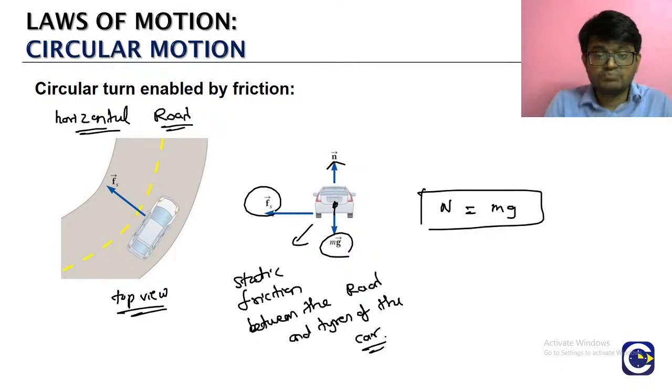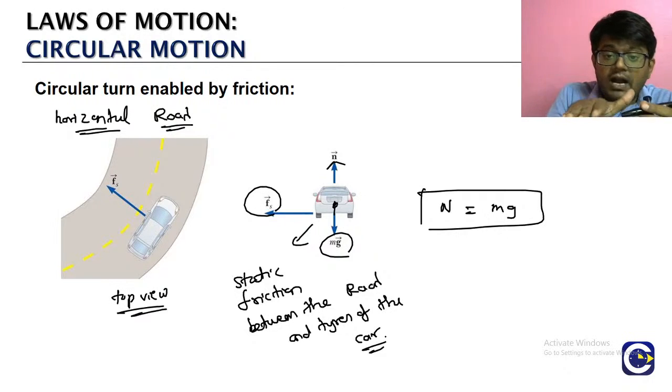Understand this carefully. If the car is trying to take a turn, it should have a force towards the center. If it is not having a force towards the center, what will happen? The car will try to move away from the circular path, which means it will have a tendency to skid.